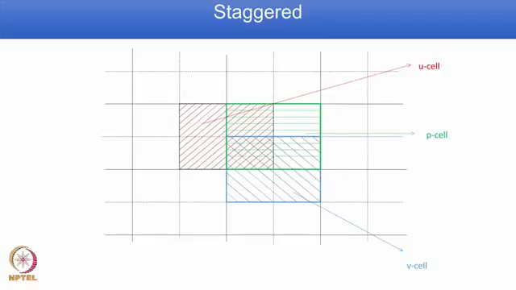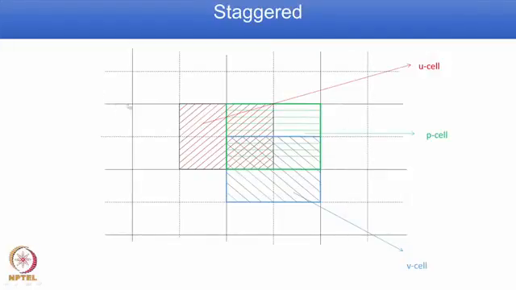Before going into the detail, let us first understand the staggered arrangement again. In this figure you see thick vertical lines, and in between 2 thick vertical lines you see dashed vertical lines.